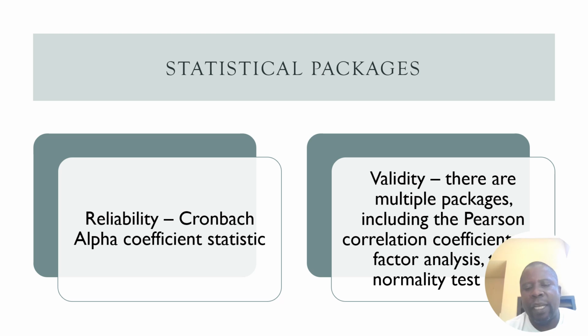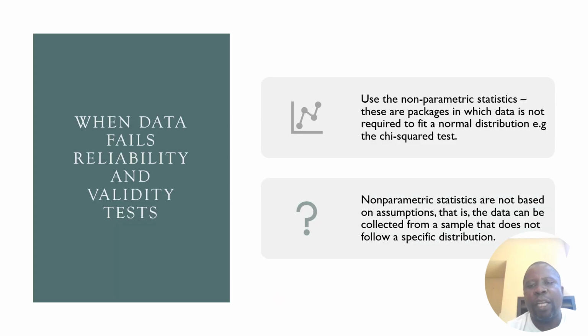validity measures in statistics. Then we have got the normality test. How well is our data distributed, normally distributed? It's very important for you to understand why we do that. Why do we test normality, whether our data is normally distributed or not? The main reason is if our data is not normally distributed, then we have to go for the alternatives.